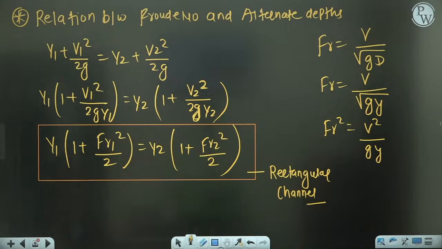Can you guys make a relation? See, we have made a relation between Froude number and alternate depths. So can you make a relation between non-alternate depths and Froude number? While writing, you can think of this: how to make a relation between Froude number and non-alternate depth. Here you have taken alternate depth, where specific energy is the same for y1 and y2.